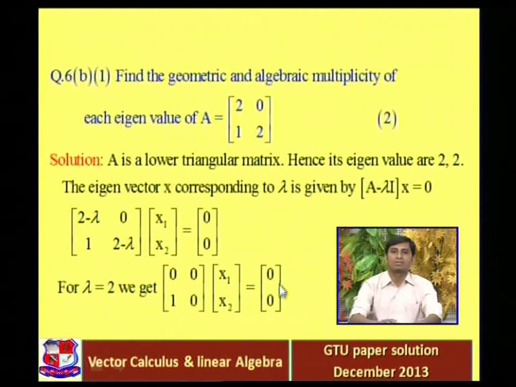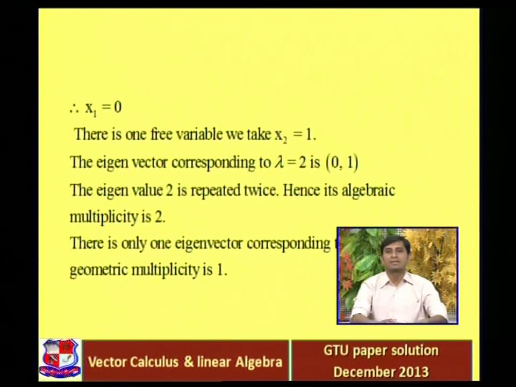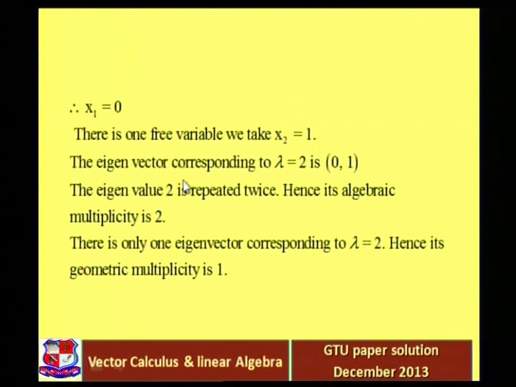That means x1 is equal to 0, but about x2 we cannot say anything, so x2 is a free variable. Take x2 equal to t. So x1 is 0, there is one free variable, we take x2 equal to 1, and the eigenvector corresponding to lambda equal to 2 is [0; 1], correct?